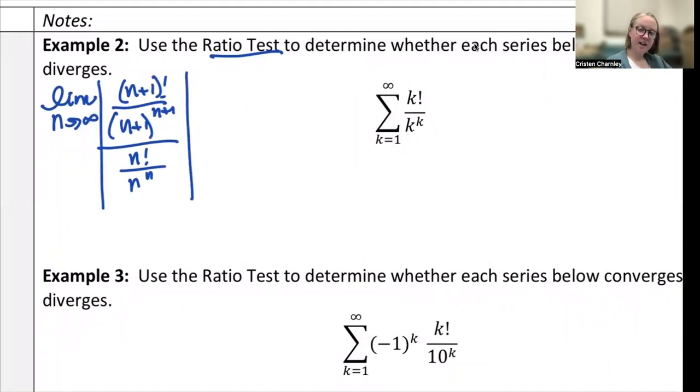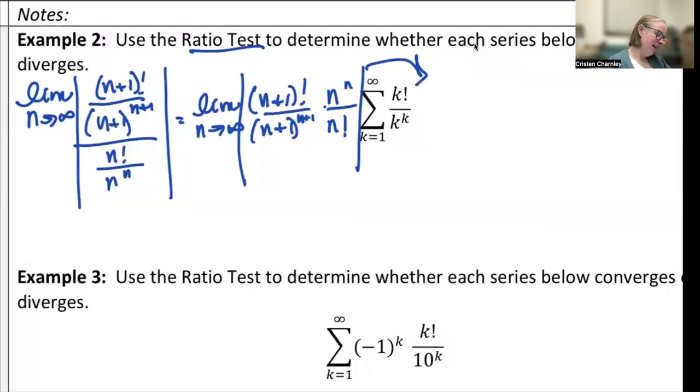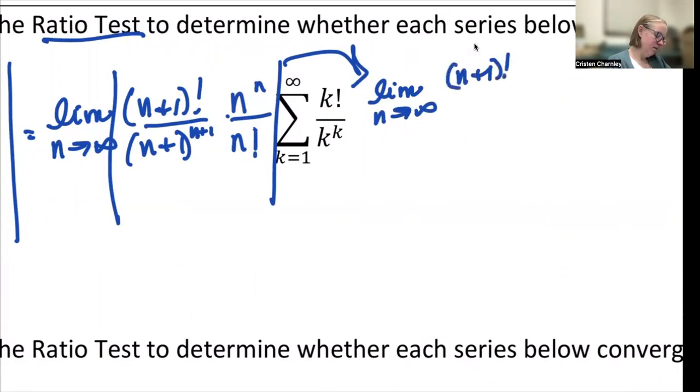Instead of dividing by a fraction, we multiply by the reciprocal. We'll hop over the problem here. I've done this in class where I've just kind of rearranged the lining up because we're multiplying. So I've put the factorials together and the exponent piece together.